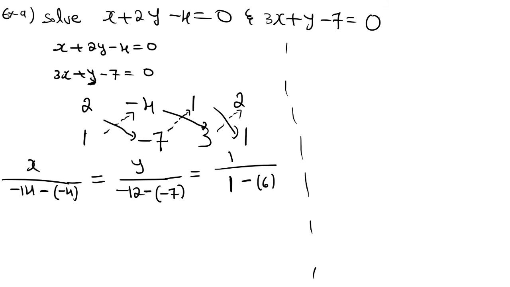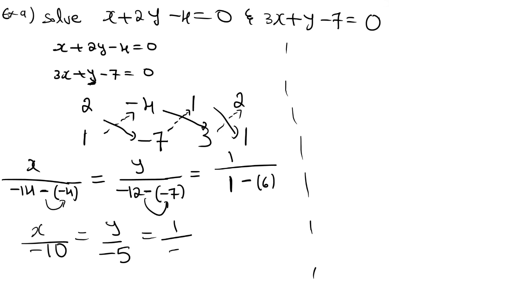Then see, x divided by minus 14 plus 4, minus into minus is plus 4, it's equal to minus 10, equal to y divided by minus 12 plus 7, minus into minus is plus 7, it's equal to minus 5, equal to 1 by 1 minus 6 is minus 5. First compare the x values with the last term, then y with the last term.